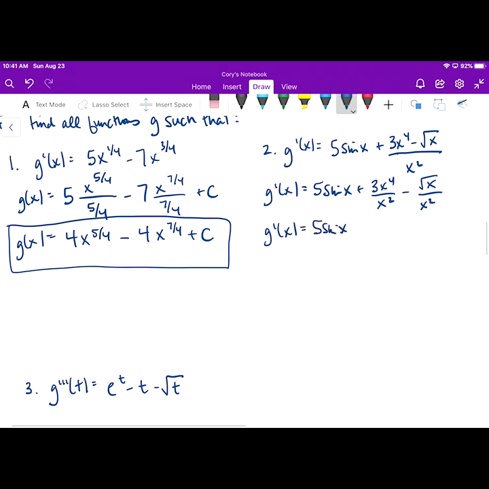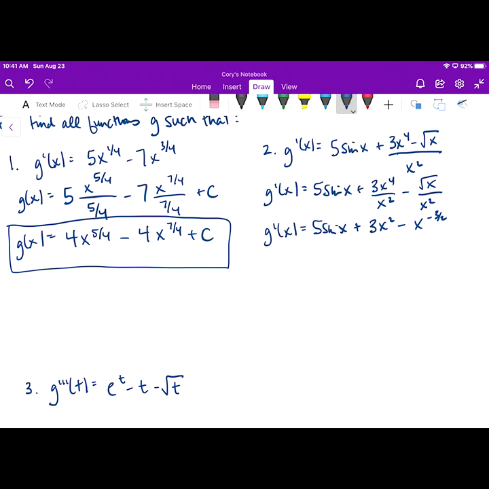So we get g prime equal to 5 times the sine of x plus 3x to the 4th over x squared, which is 3x squared, minus rad x, which is x to the 1/2 power, divided by x squared. We subtract the exponent, so 1/2 minus 2 gives x to the negative 3/2 power.